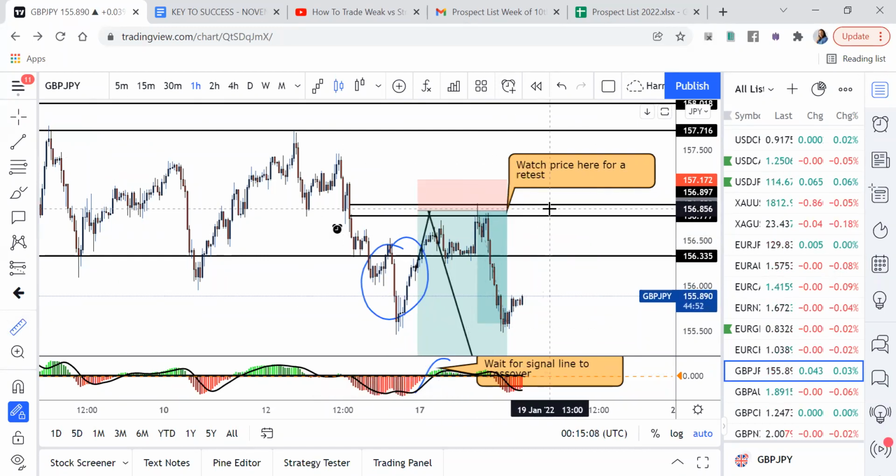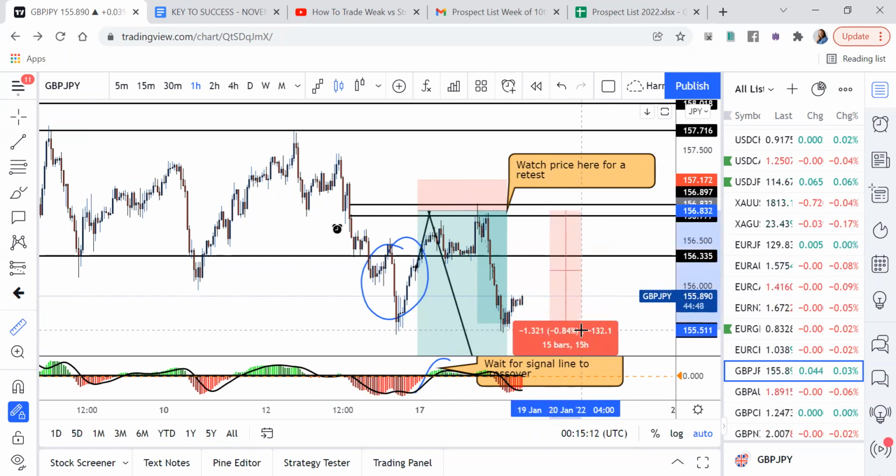So far with GBP JPY today, you would have had at least 130 pips in a drop. So you would have been 130 pips in profit. So by now, your stop loss should be 50 pips up, 70 pips up in profit to protect your profits. Right? Because 136 pips is a lot of pips.